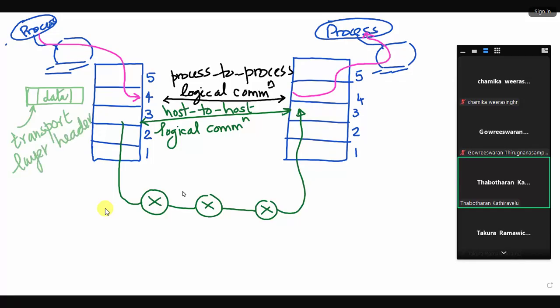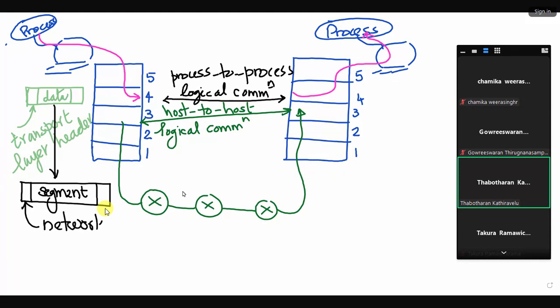Once it is passed to the network layer, layer 3, the network layer will create its own datagram by encapsulating the segment. We have already seen this. I'm just recapping it. And this would be the network layer header. These are additional data that are added to the datagram or to the segment to facilitate the correct delivery of the data at the destination.